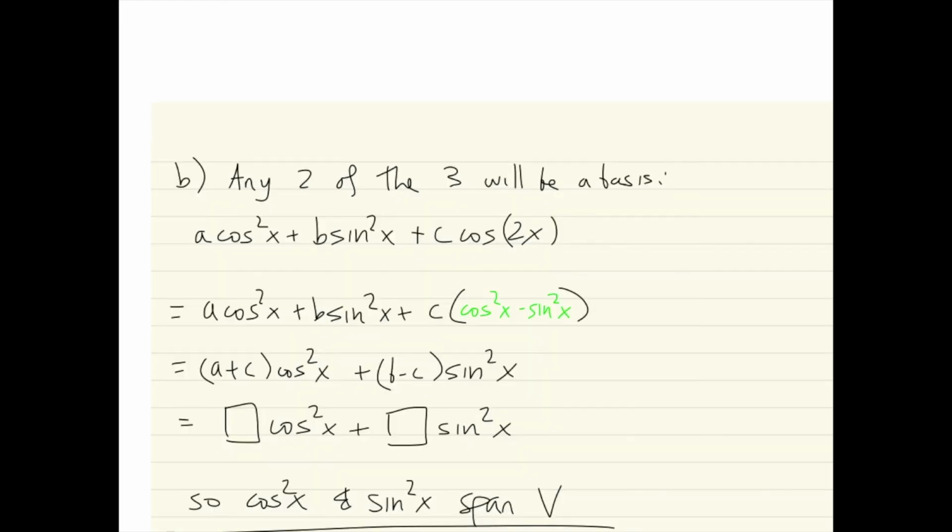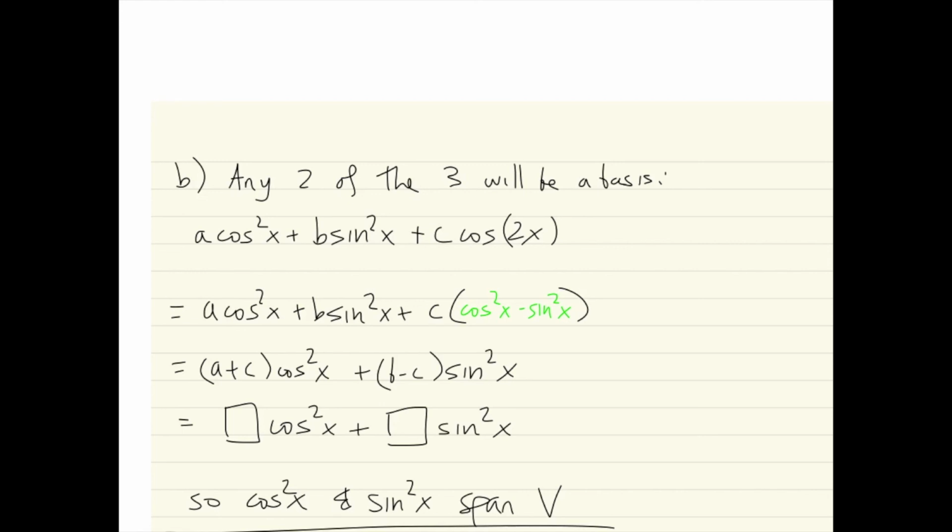Now it turns out that any two of the three will be a basis. For example, we can replace cosine of 2x by cosine squared minus sine squared, and then a linear combination becomes expressible in terms of cosine squared and sine squared. And one can show that these two vectors, cosine squared and sine squared, are linearly independent, although I won't do that here.